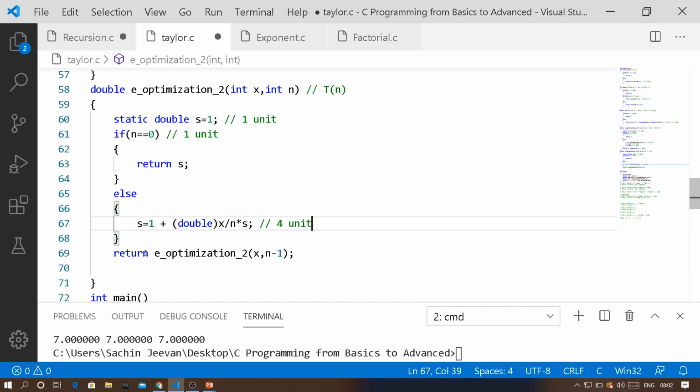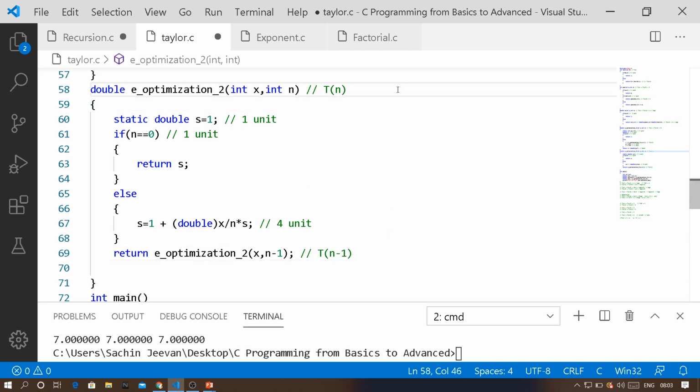Now coming to the final one, the return statement. When e underscore optimization underscore 2 of x comma n is taken as t of n, then e underscore optimization underscore 2 of x comma n minus 1 will be taken as t of n minus 1. What is the overall equation?